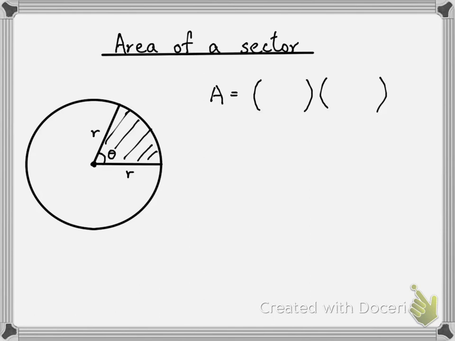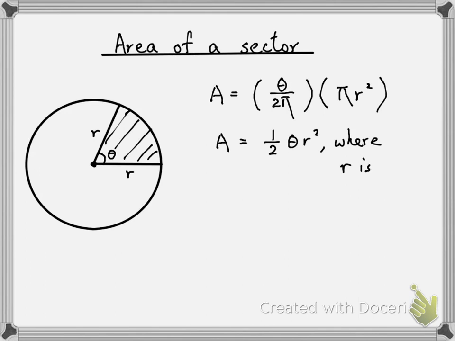The area of the circle we can find by pi r squared. And this piece covers theta out of 2 pi radians of the circle. Now we will simplify the formula, and we will have A equals half theta r squared, where theta is in radians.